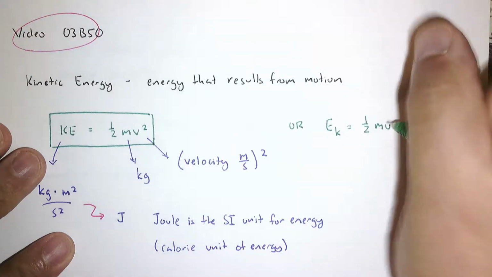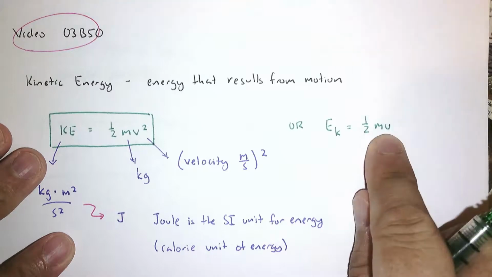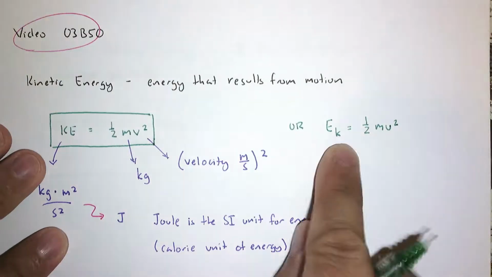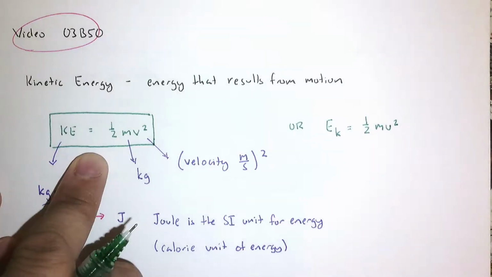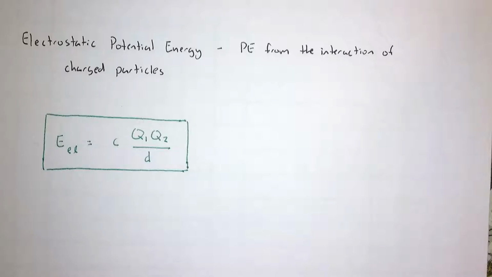I'm not going to put the tail that's usually there. We'll just call it regular u, squared. You may see that in the book. That represents this equation here, 1/2 mv squared. Good. Got that out of the way.